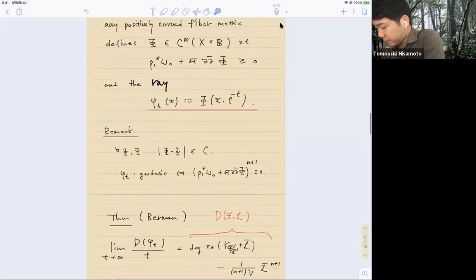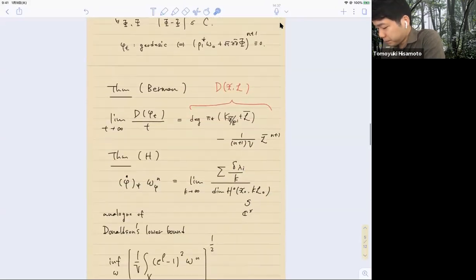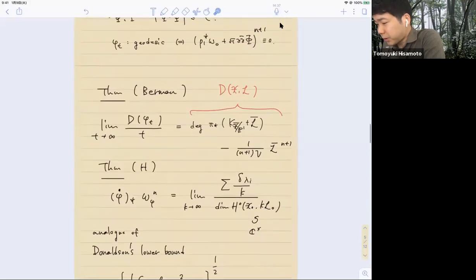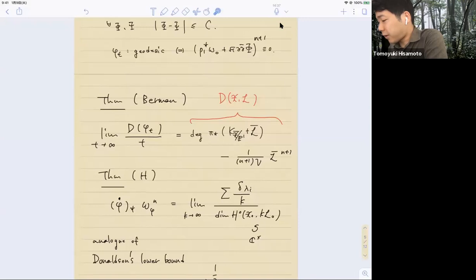And then a theorem of Robert Berman says that, of our interest, the slope of the D functional along such an associated ray is given by some intersection number of the line bundle L for the family and the canonical divisor of the compactified family.